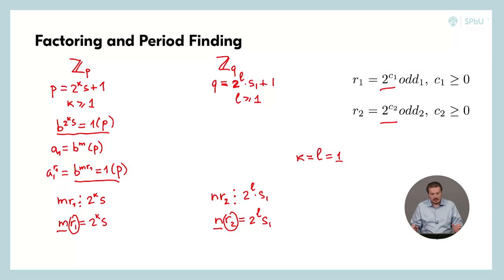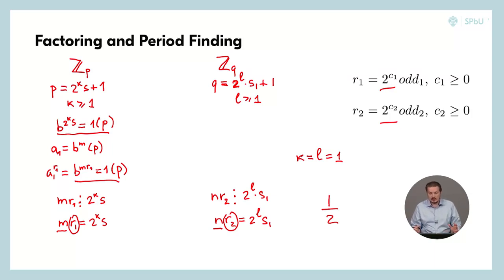So in this worst case, the probability that we are not lucky is the probability that two randomly chosen numbers have the same oddity. And the probability of that is 1/2.